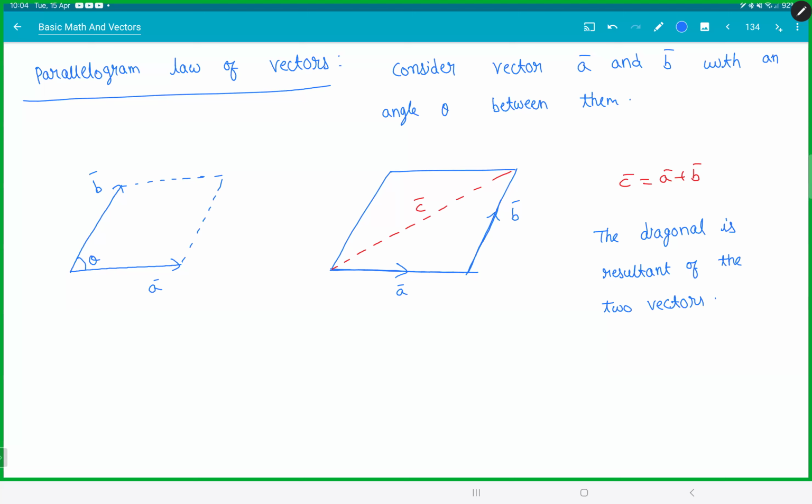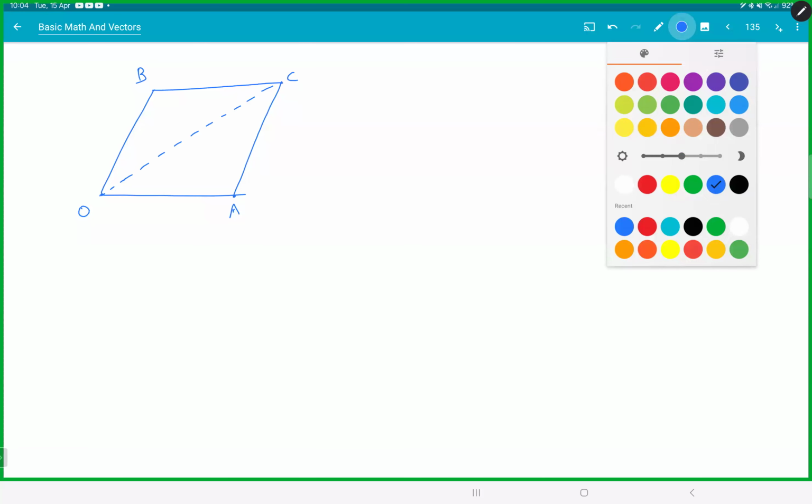So how do we do this? A little bit of geometry, or you can use vector resolution. It is the same thing. So listen carefully. Once you make this parallelogram, let's call this O, let's call this A, let's call this B, and let's call this C. So you want to find the length of this diagonal.